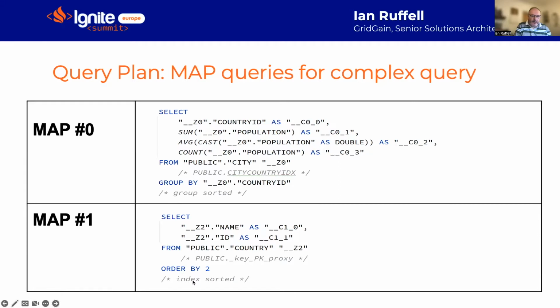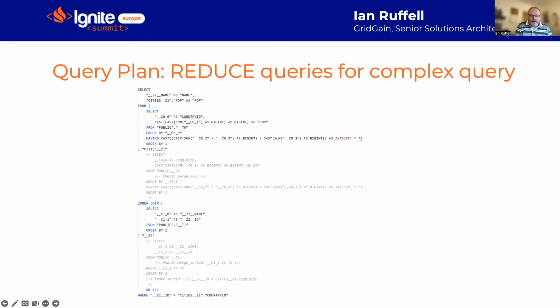You can see here we've got index sorted. So in the reduce phase here, you remember we talked about virtual tables, and you can see here that we've got those virtual tables T0 and T1 being used as part of that query.